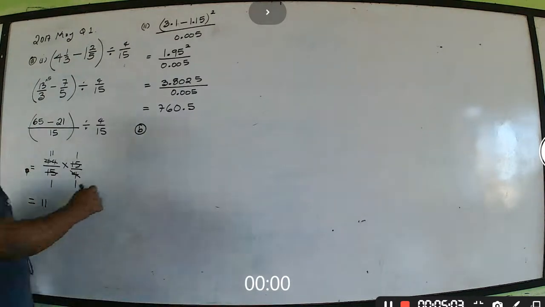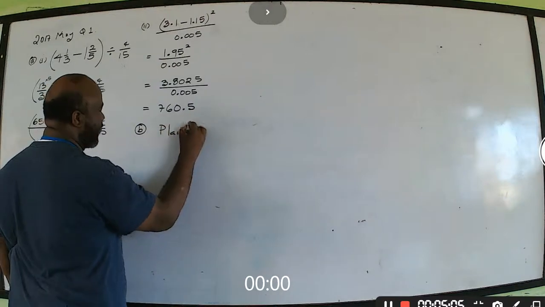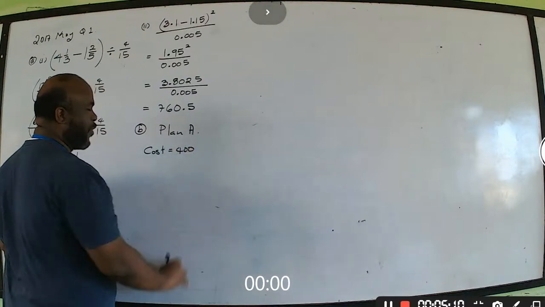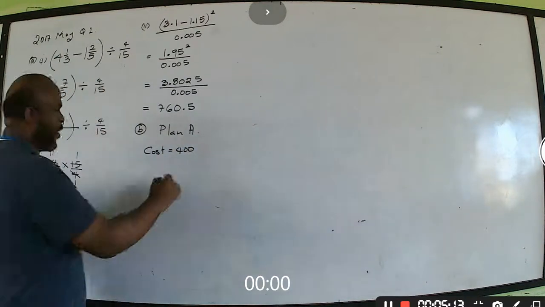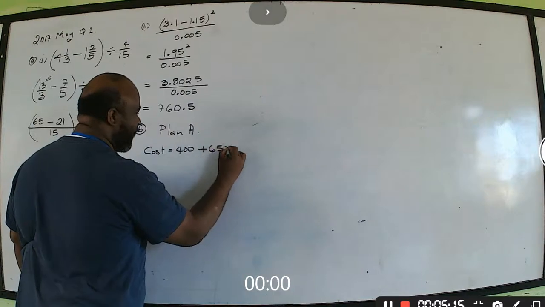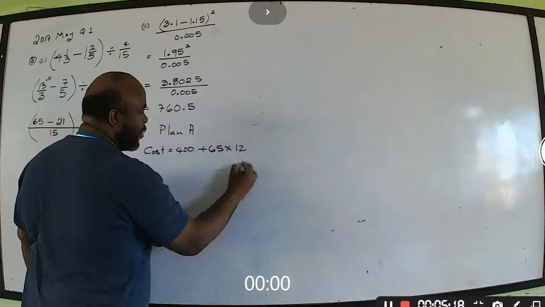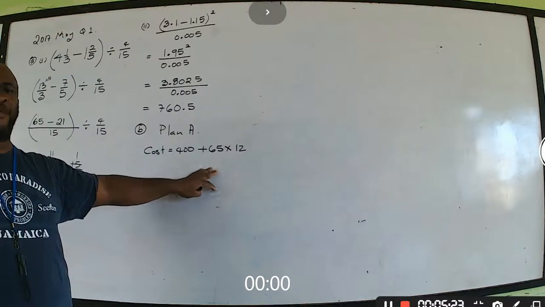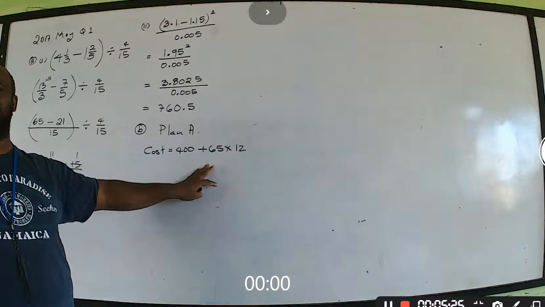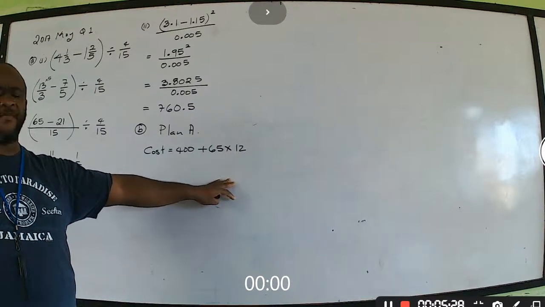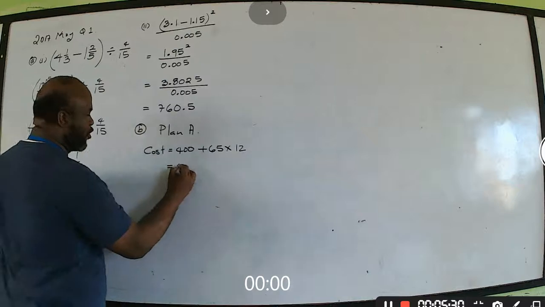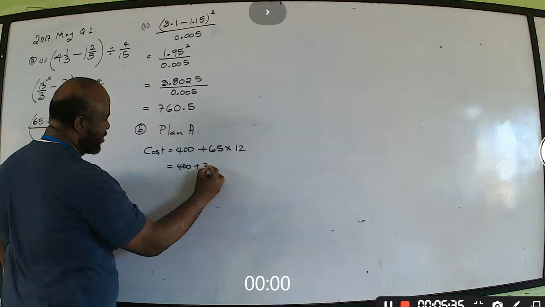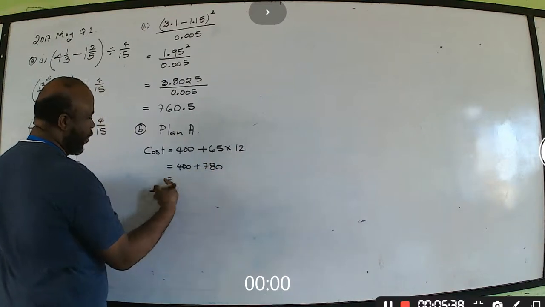So for Plan A, the cost would be the deposit, then $65 every month for 12 months. To determine how much I would pay, I would simply multiply 65 by 12. Everybody good with that? What is 65 times 12? 780. Add them.